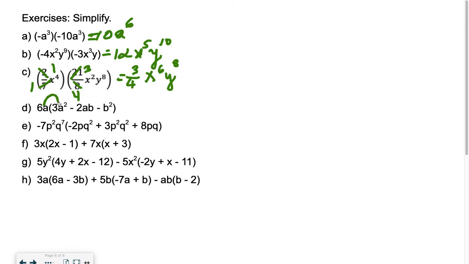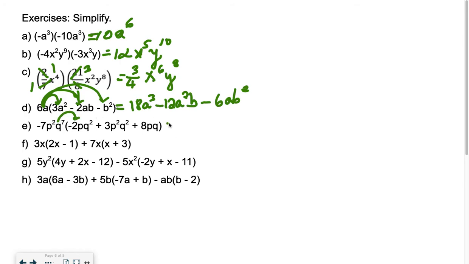Now monomial times a polynomial, so we're going to use distributive. 18a to the 3, negative 12a squared b, negative 6ab squared.